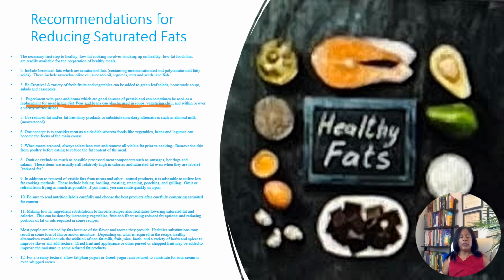Last but not least, for a creamy texture, a low-fat plain yogurt or Greek yogurt can be used to substitute for items such as sour cream or whipped cream that some persons dress their potato or salads with, or whatever recipes that you use that call for these items. So these can also be substituted adequately.